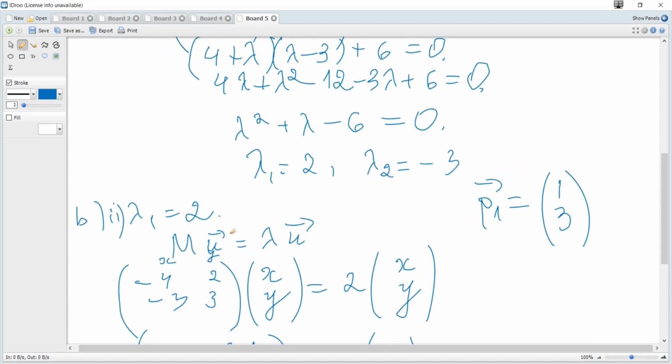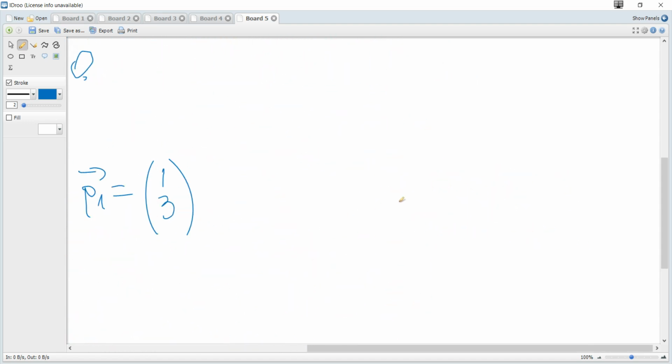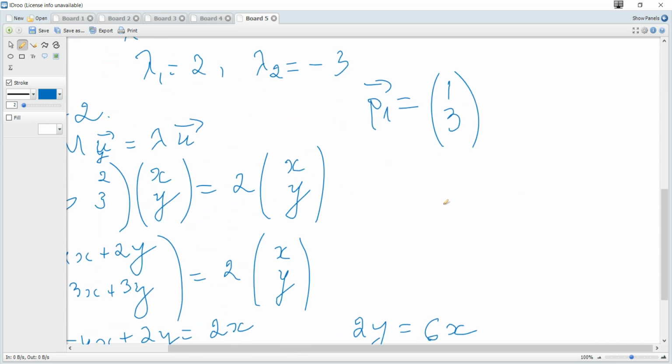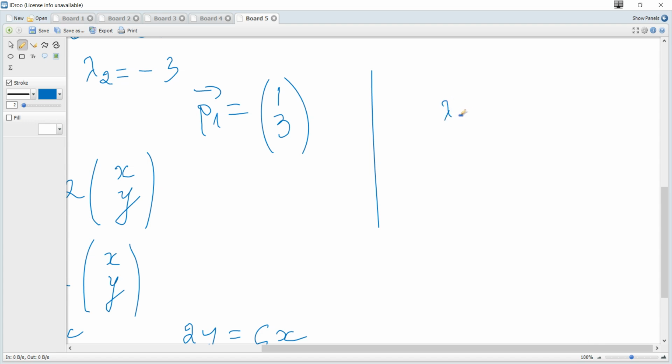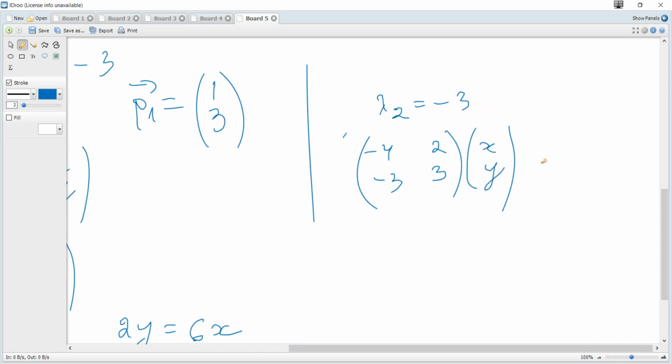And do the same for the second lambda, which is negative 3. Mu is lambda u. Our matrix [-4, 2; -3, 3] multiplied by (x, y) is lambda, which is -3, times (x, y).